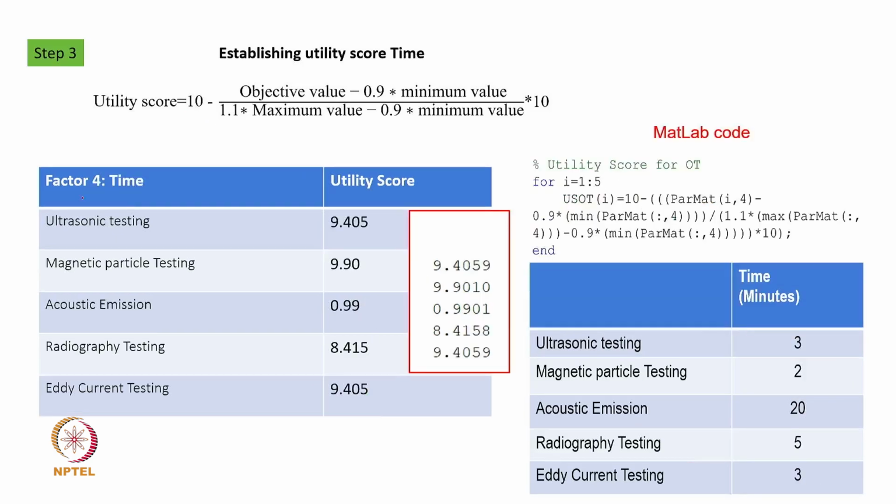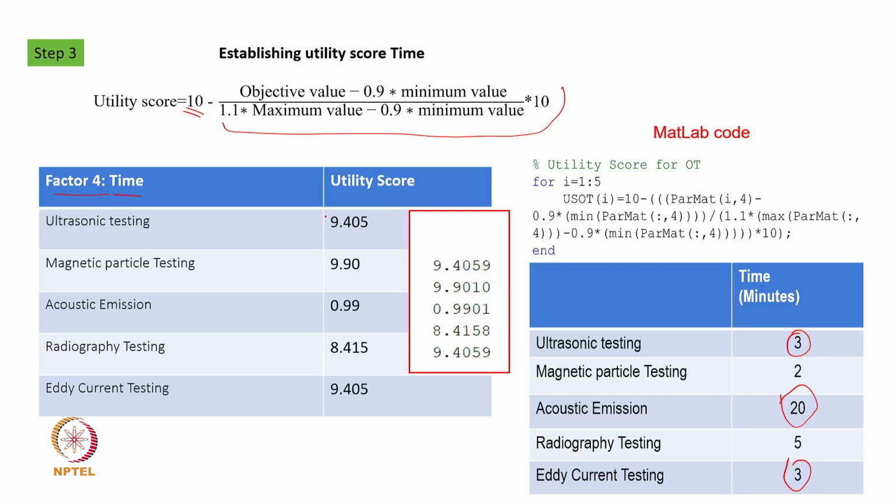The same thing will happen for factor 4, time, and in this case acoustic emission again takes the maximum time, but we want to minimize, so this whole equation has been subtracted from 10. Then if we look at it, ultrasonic testing is taking 3 minutes, and eddy current is also taking 3 minutes.